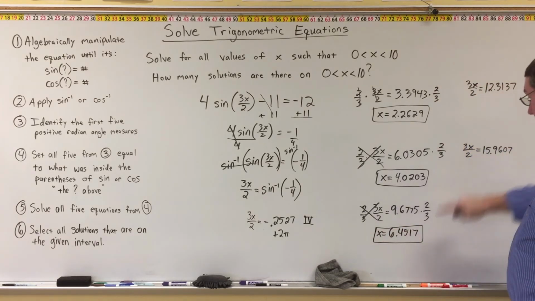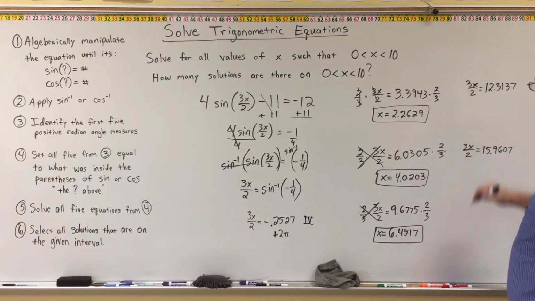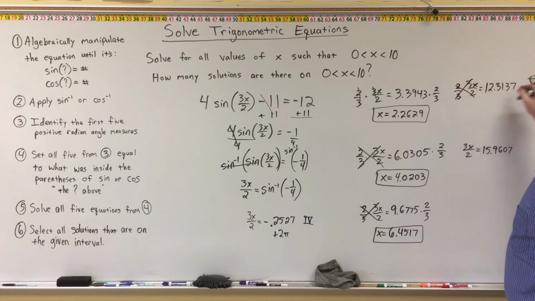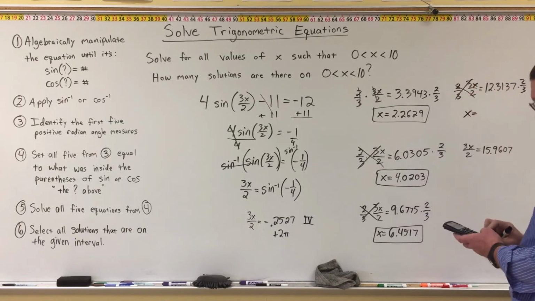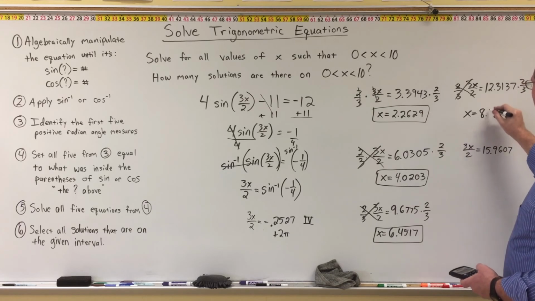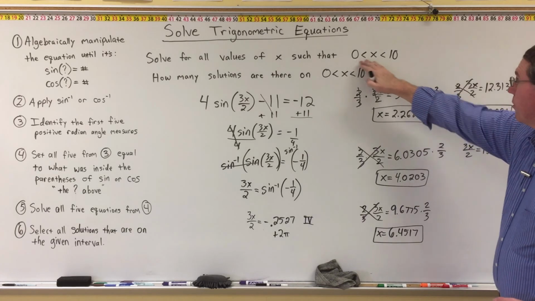Now for the fifth one, and this one is also between 0 and 10, so far I have 1, 2, 3 solutions. This one, again, I'm going to multiply by 2/3, cancel, multiply by 2/3, x equals 12.3137 times 2/3 gives me 8.2091, still between 0 and 10.